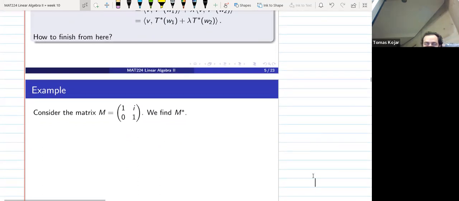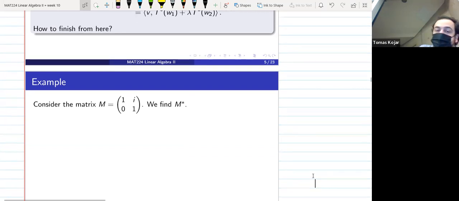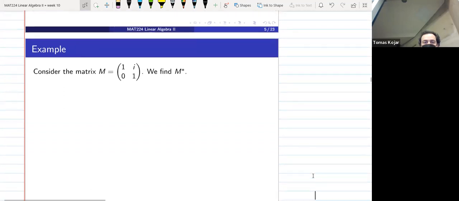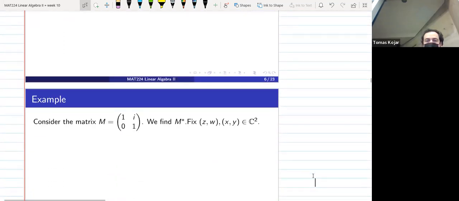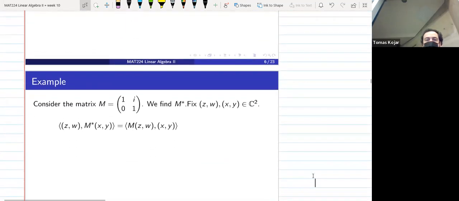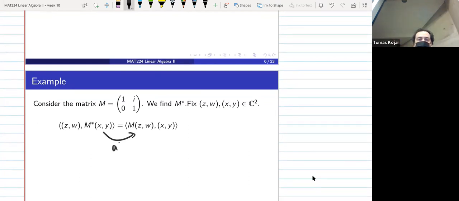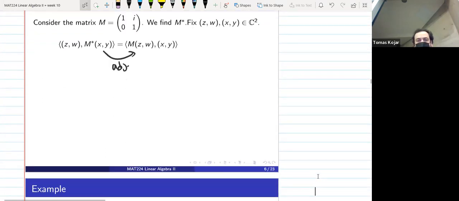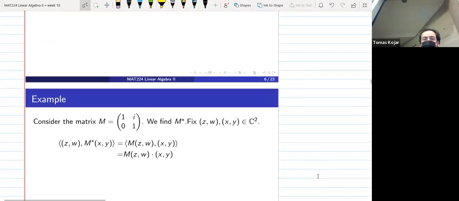All right, so we proved linearity. Let's do it for matrices. These are more concrete. So take this matrix and find its adjoint. Once again, you start from the left and use the definition of adjoint. This is a dot product over C2.